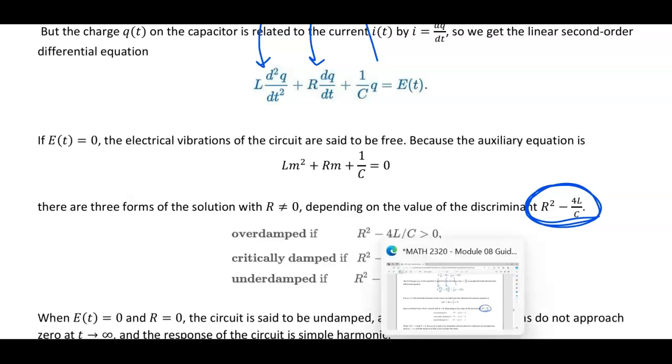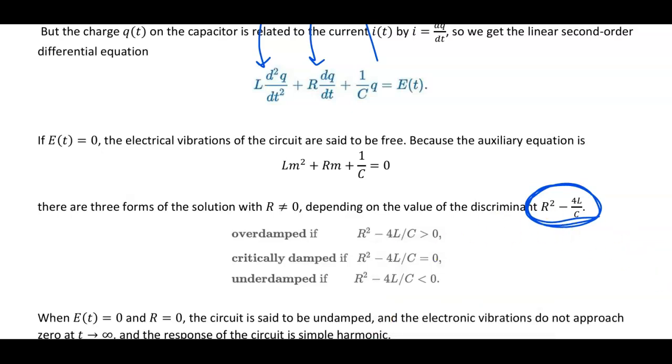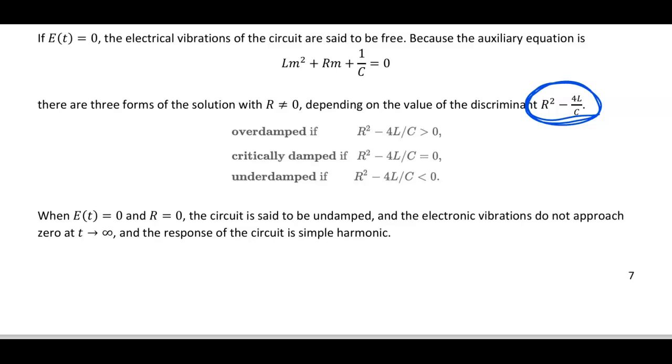So if E is 0 and R is 0, then we would say the circuit is underdamped, okay? So if R is 0 and E of t is 0, then we're going to end up with this situation right here where you'll have negative 4 over LC.